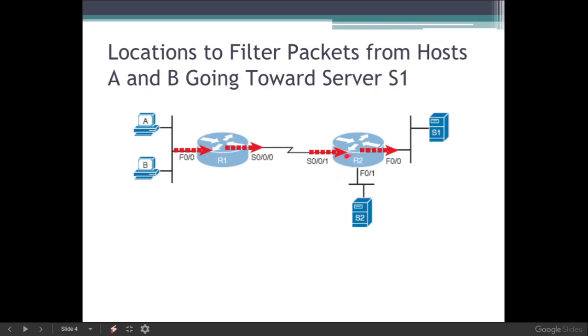If we are filtering on R2, then we would have to filter based on traffic coming in on our serial 0/0/1, or we could filter the traffic based on it leaving FastEthernet 0/0. So as you see, it's not just a matter of where, there's a directional component as well. With me?